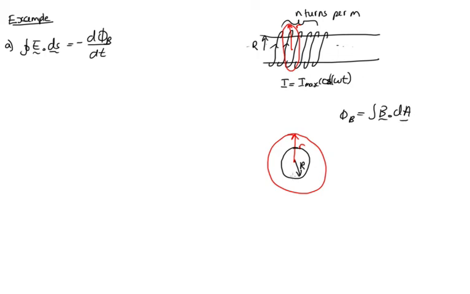Okay, so looking at this, we know that close to a solenoid, but outside it, we've got zero magnetic field. That's because if we draw a solenoid like this, then the magnetic field lines go around like this.